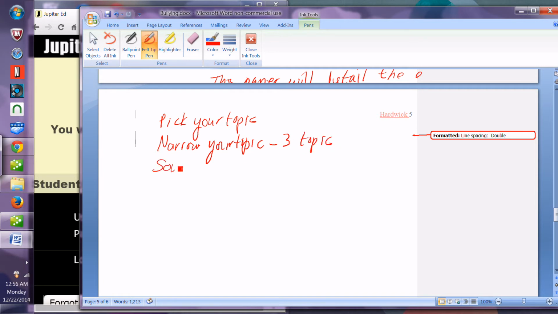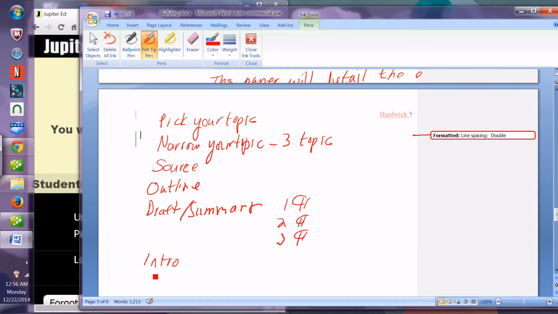And then you find sources for those topics. Then you outline those sources. Then you write your drafts or summaries, which is the stage you're at right now. And so you have your 3 paragraphs. And then you write your introduction and your conclusion.